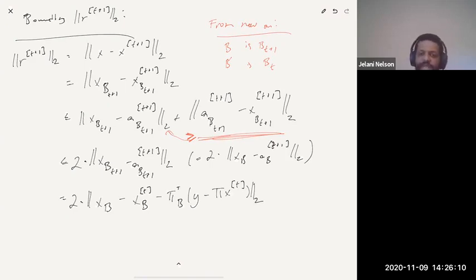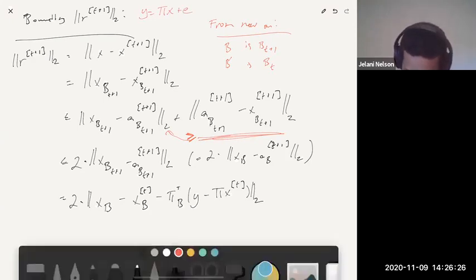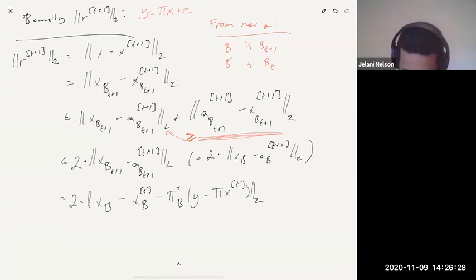And then let's also expand out what y means. Remember, y is equal to pi x plus e. So if you expand that out, you have pi x minus pi x_t, which is just equal to pi times r_t. And then you have an e that showed up in there.